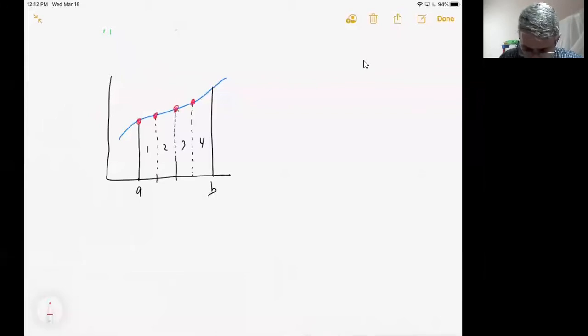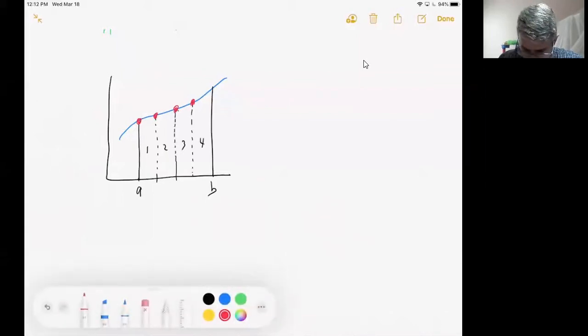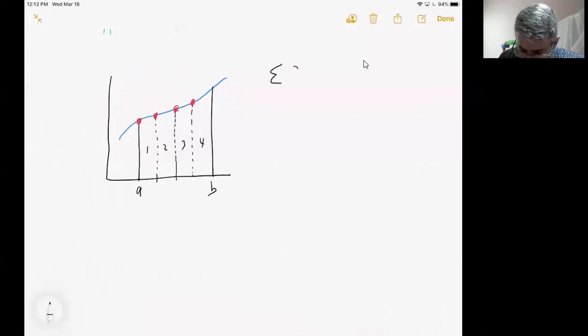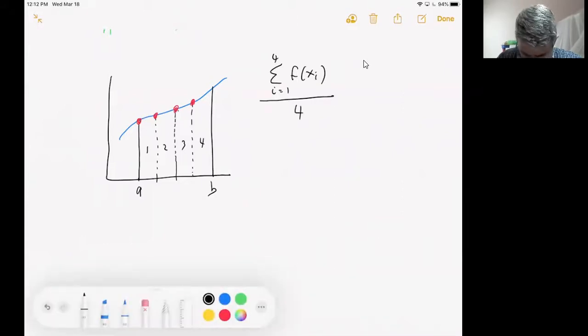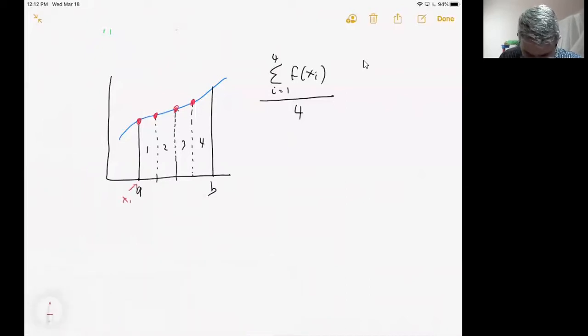Notice that's all four. So we're using the left side of all four subintervals, and we could add them up. So we would be taking the summation of the function values at each of those X's. And we would be doing that for 4 points. So we would have from i equals 1 to 4, and we would put that over 4. Okay, so now where are these function values? The x of i's, the first one, that would be x1 right there.